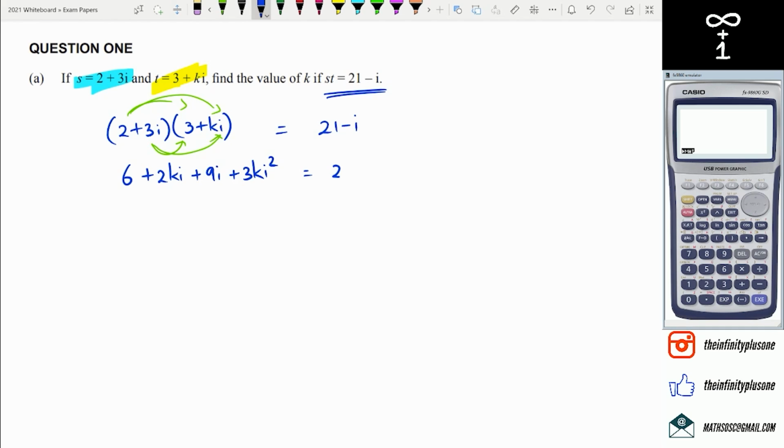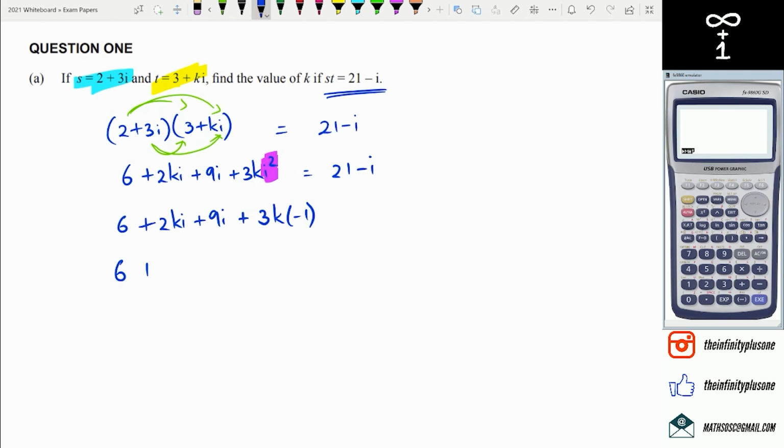Now all of this is equal to 21 minus i. Just remember that i squared is equal to negative 1. So we're going to rewrite this whole thing as 6 plus 2ki plus 9i plus 3ki squared, which ends up looking like 3k times negative 1.